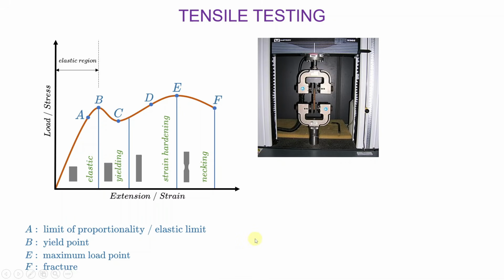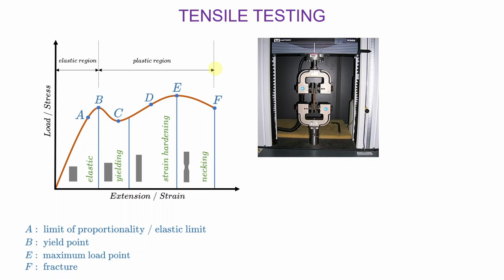Very, very important. As I said earlier, the region from here all the way to here is called the plastic region, because in this region, any deformation that occurs is permanent. The object is not going to return to its original state. Elastic deformation is deformation that allows the object to return to its original state if the load is removed.